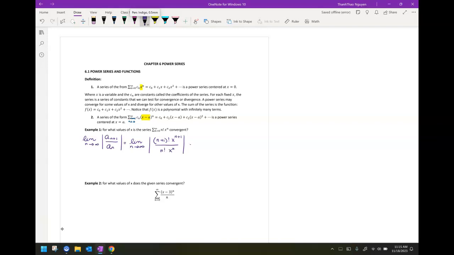So this is equal to the limit as n approaches infinity of (n plus 1) times the absolute value of x, and this goes to infinity. So by the ratio test, the series diverges.